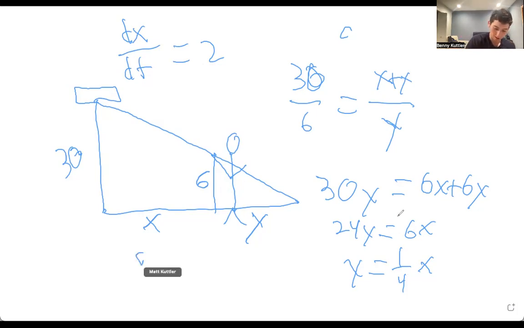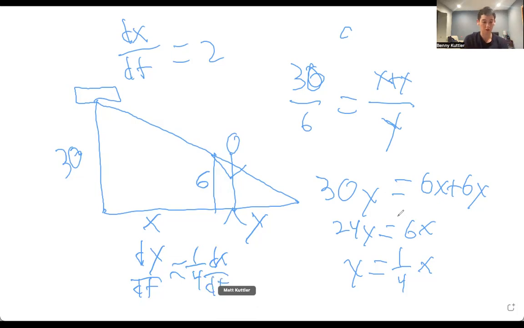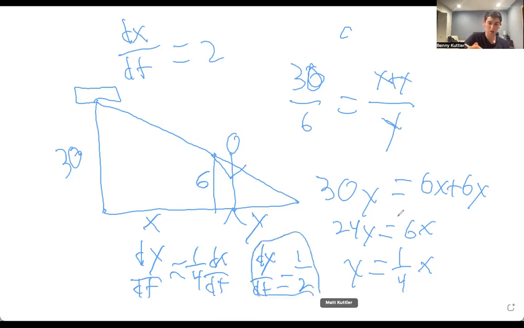So we have dy/dt equals 1 over 4 dx/dt. Now, if we look at our given variables, we have dx/dt equals 2. So we have dy/dt equals 1 over 4 times 2. Or actually, it would be negative 2 because we're walking. No, it would just be 2. 2 times 1/4 is 1/2. So this is the rate of change of the width of the shadow. It's not a good drawing, but that's the width of the shadow, and we're looking for how fast it's changing.